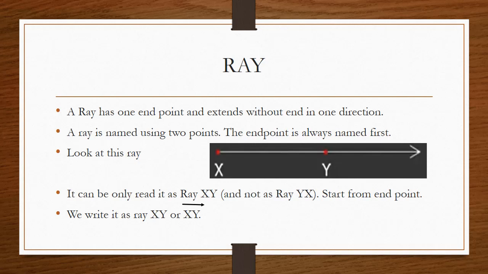So we have to read this ray only as ray XY, not as ray YX. Always we have to start from the end point. So when we write it as ray XY, we use the symbol showing a direction in one direction. So use the symbol and write ray XY.